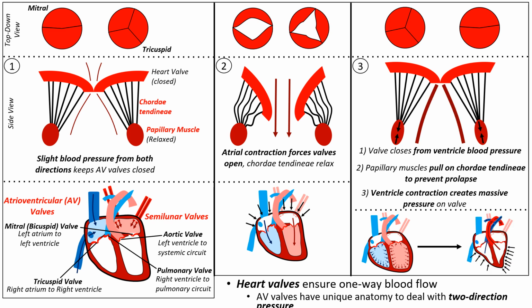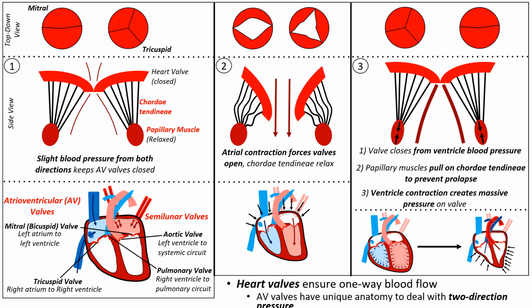So this is demonstrating how the chordae tendineae actually work. When slight blood pressure from both directions keeps the atrioventricular valves closed like this, the papillary muscles are actually relaxed. And you can see these chordae tendineae linking to parts of the cusp. When the atrial contraction forces the valves open, the chordae tendineae actually relax. And so these that are normally taut now go slack.